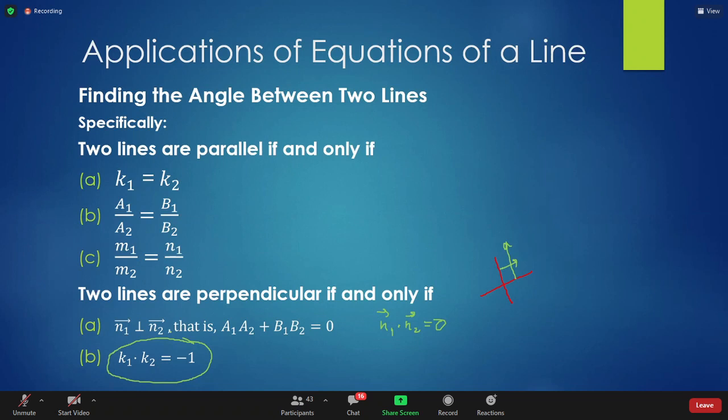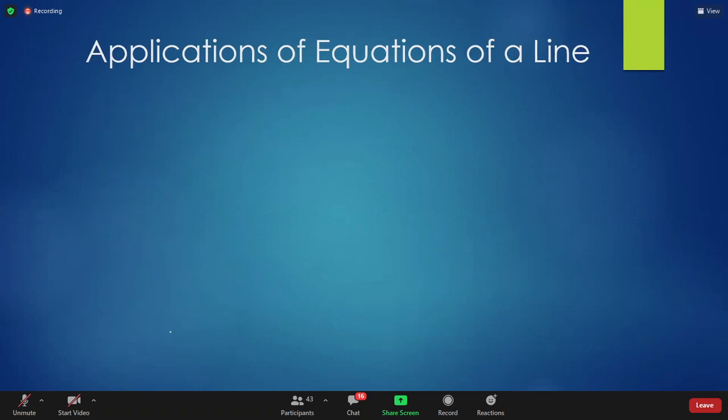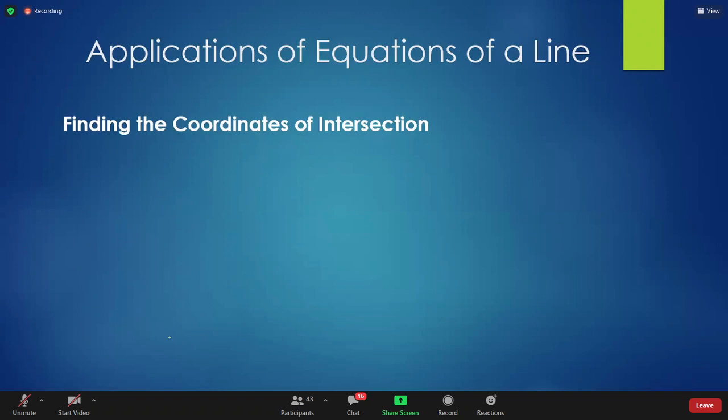All right. Now, let's see. What else can we do with two lines? We can find the coordinates of intersection. So the first application was that we can investigate angles, perpendicularity, parallelity of two lines. And now we can find coordinates of intersection. For that purpose, we simply solve the system.